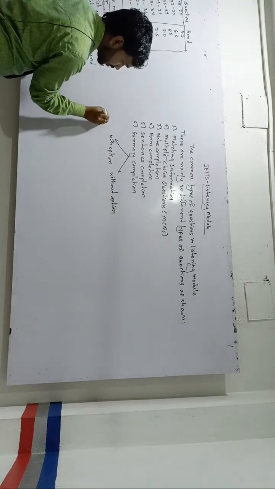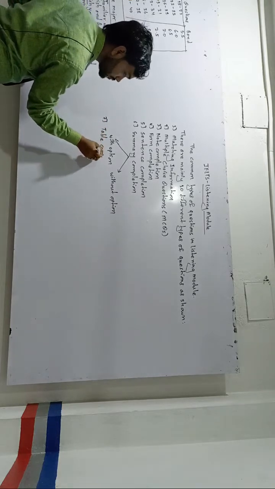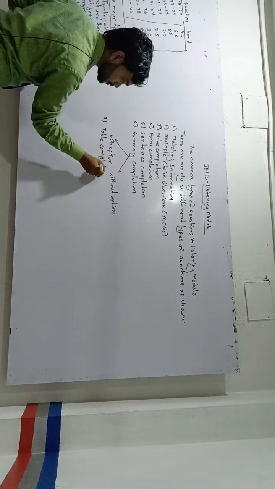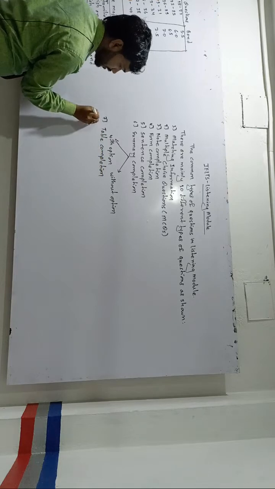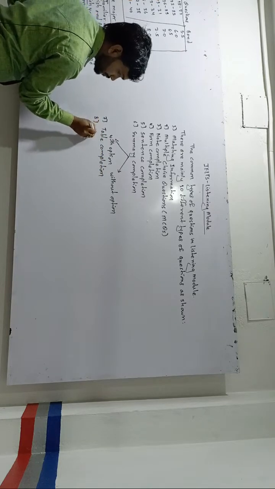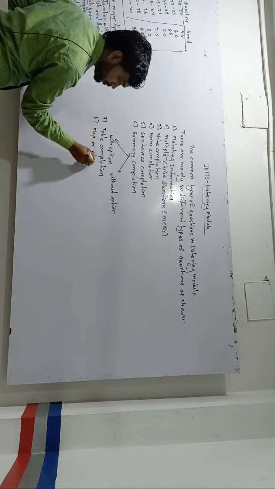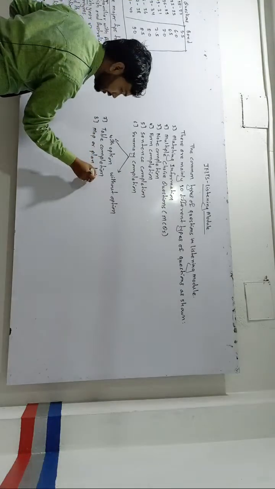Seventh number question is for you, table completion. Eighth number question is for map or plan labeling.